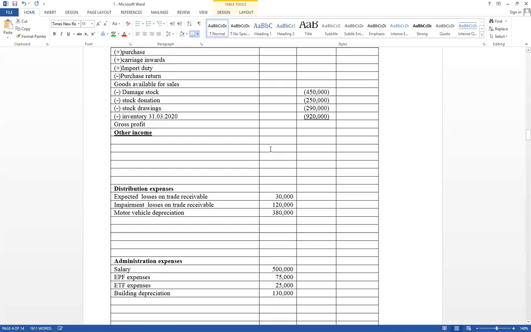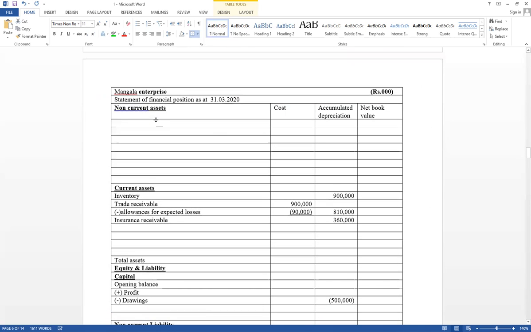If a disposal or purchase is given, those are changed. But in this example, no purchase or disposal is given. The closing balance of accumulated depreciation for building is 400,000 and for motor vehicle 500,000, so the motor vehicle closing balance equals 900,000. Then take net book value also, cost minus accumulated depreciation.